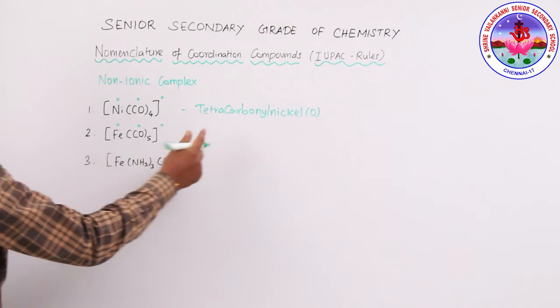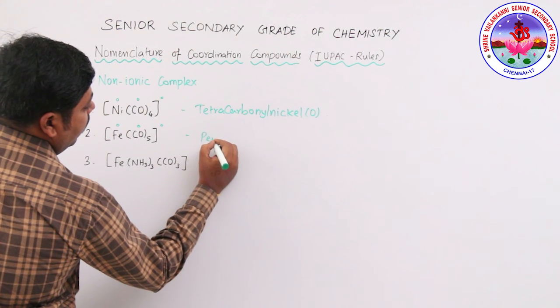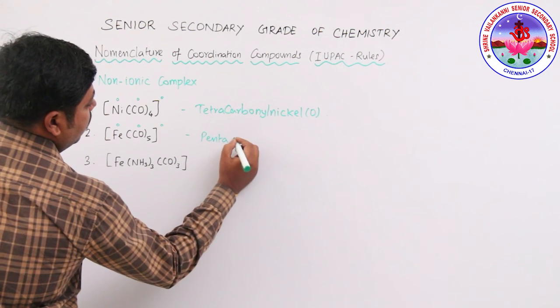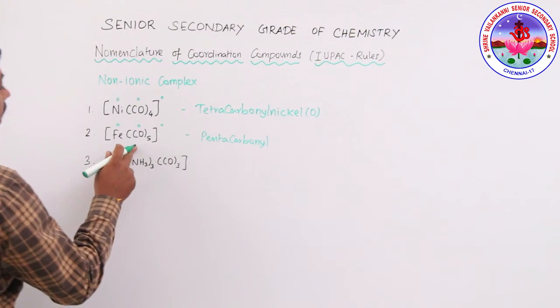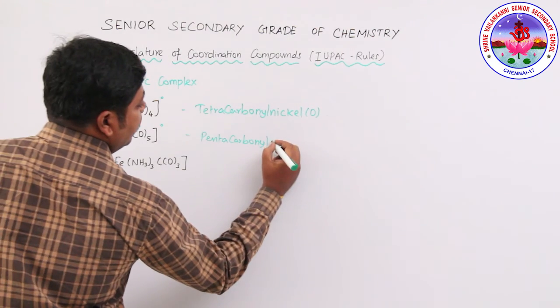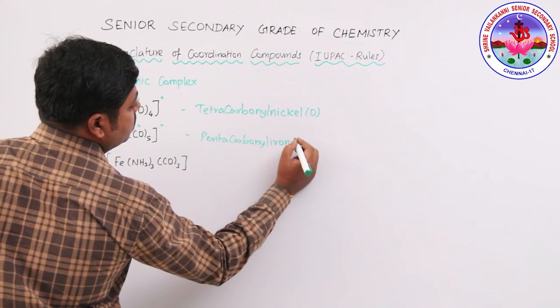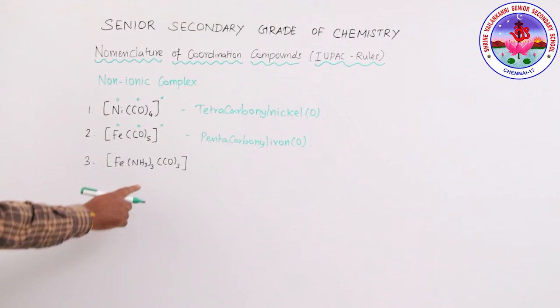Here the ligand is named first, so pentacarbonyl, then iron(0).